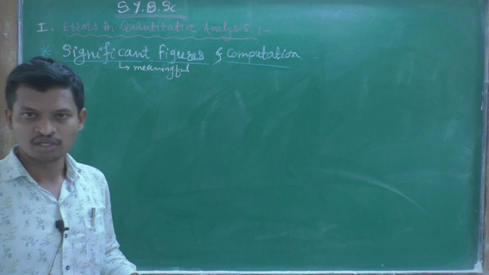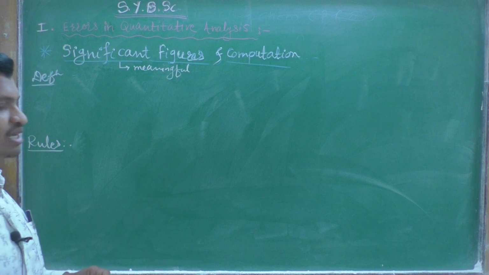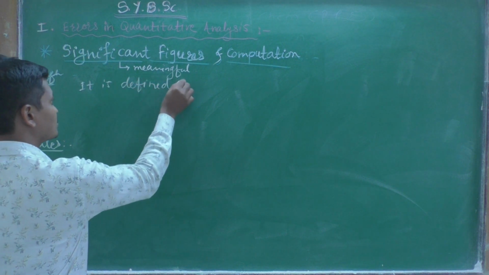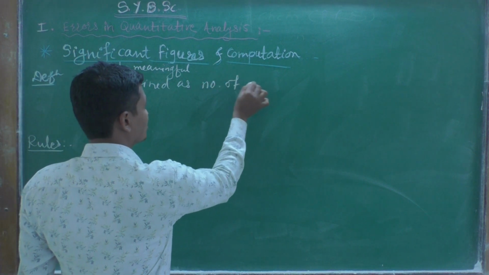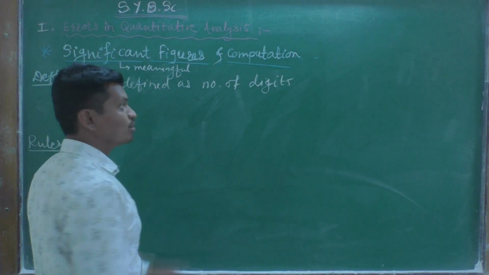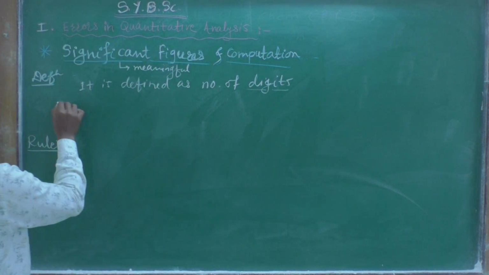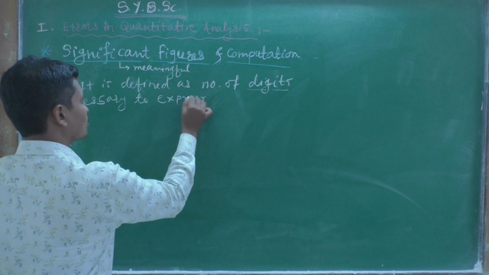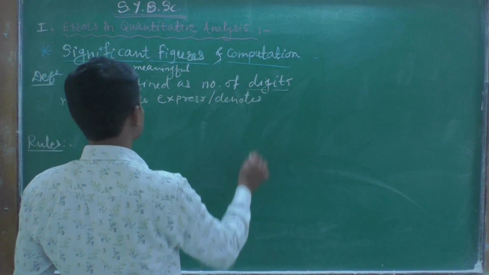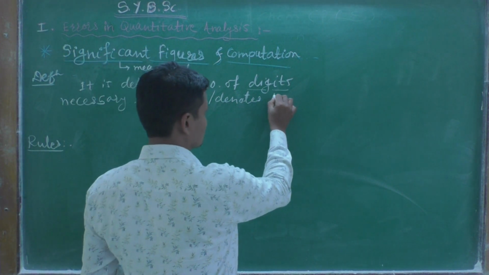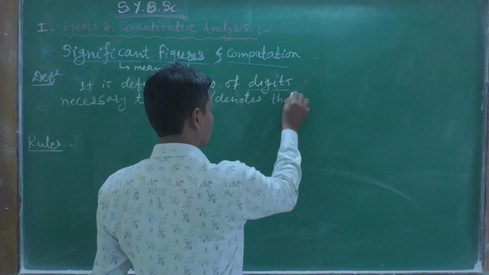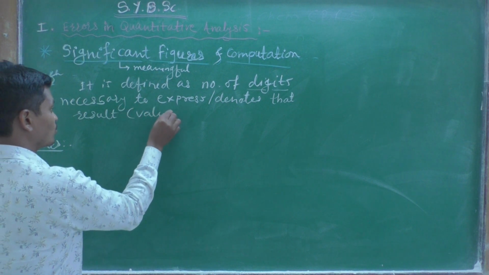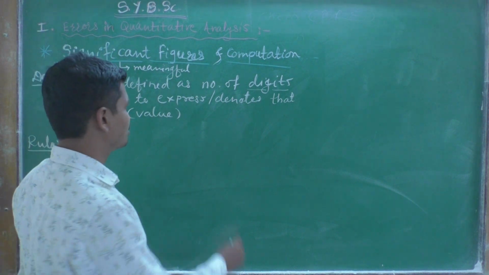The definition is very easy, and it is defined as the number of digits necessary to express or denote that result or value in measured precision.